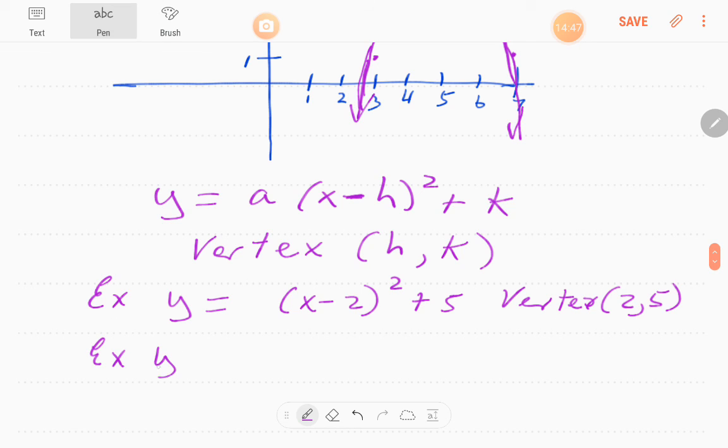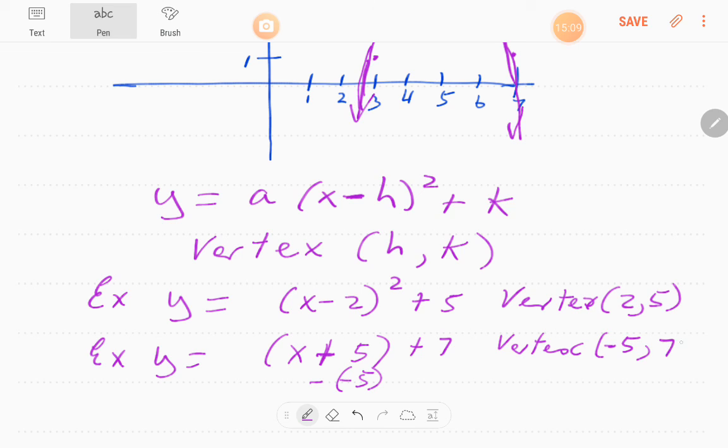Similarly, if we had y equal to x plus 5 squared plus 7, then the vertex would be, even though this is saying plus 5, think of this as minus 5. So the h value is minus 5. So the vertex would be minus 5, 7, right? Okay, that's it for now. Thank you for watching.